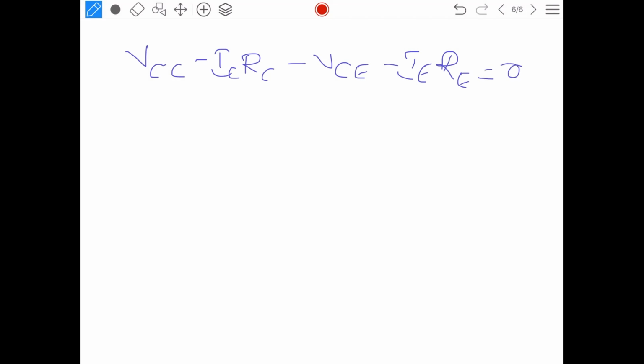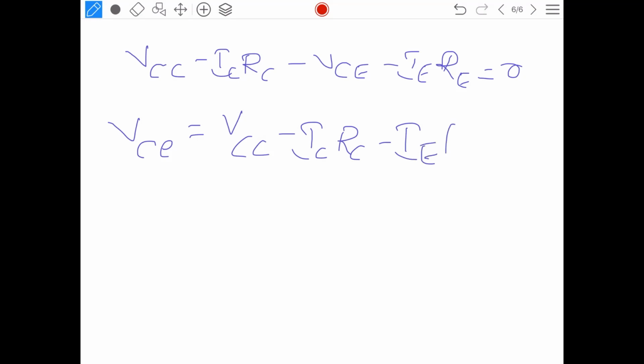Since I want an output voltage, I can write VCE, the output voltage, is equal to VCC minus IC RC minus IE RE. We know the currents IC and IE are equal, correct? So I am writing VCC minus the output current only, times (RC plus RE).